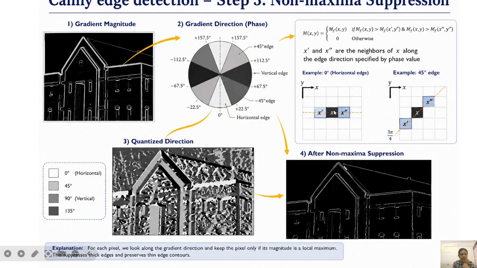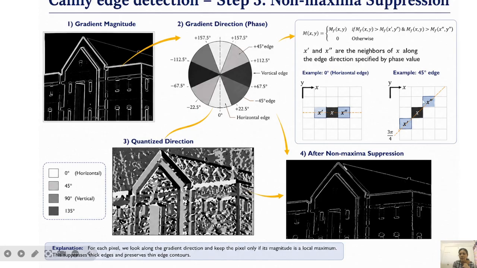Here x is a dark pixel, a black pixel, but the other two neighboring pixels are gray. The black pixel is less than gray, right? So I won't be able to make this x an edge. Here also the same thing.